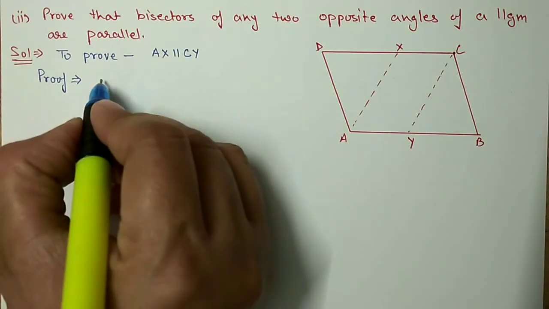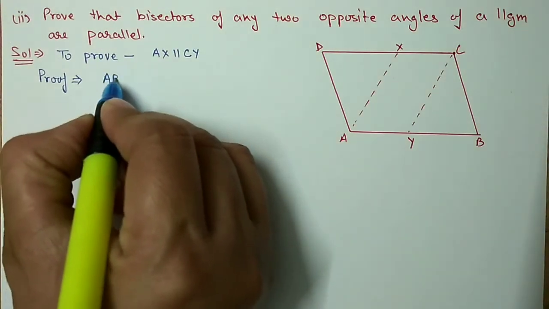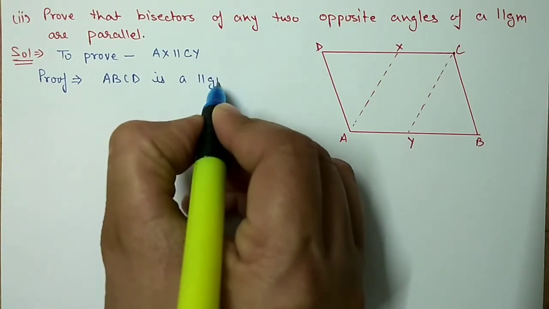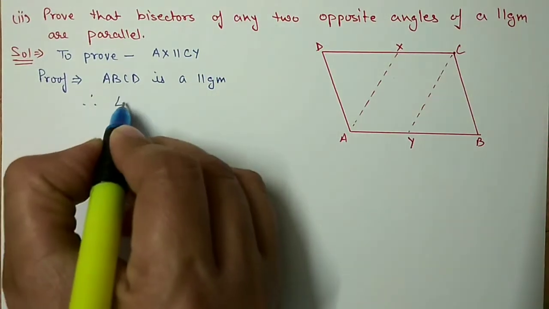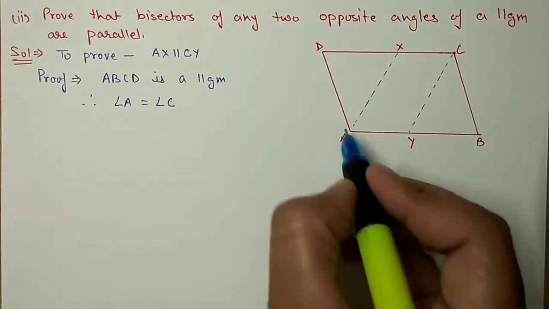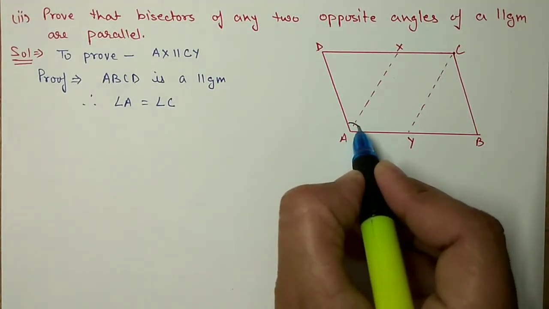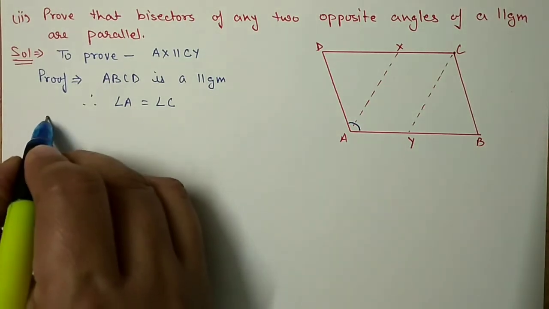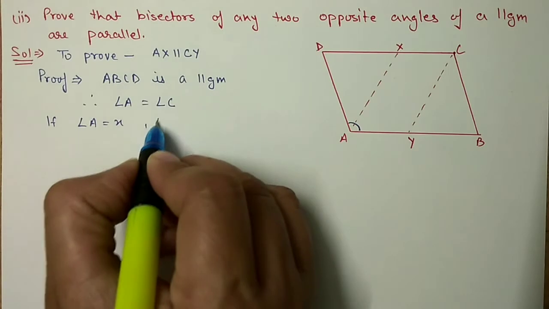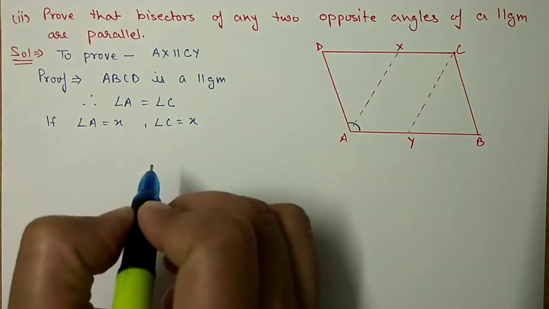So because ABCD is a parallelogram, therefore angle A is equal to angle C. If angle A is x, this total angle A is x, then angle C also will be x.